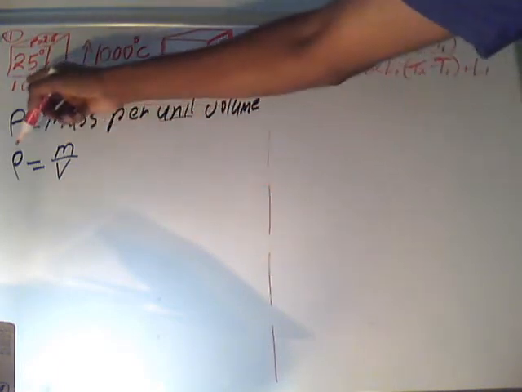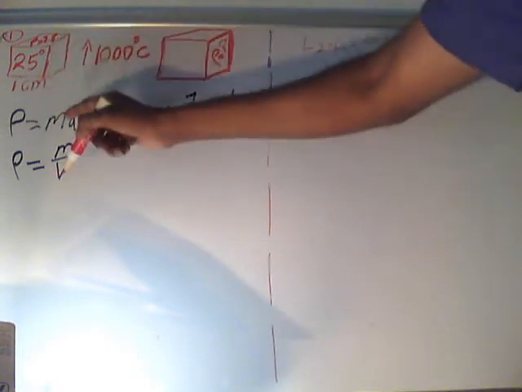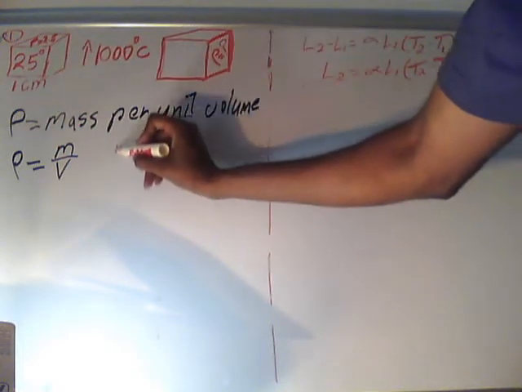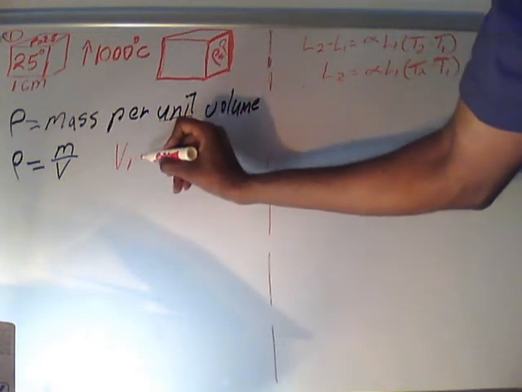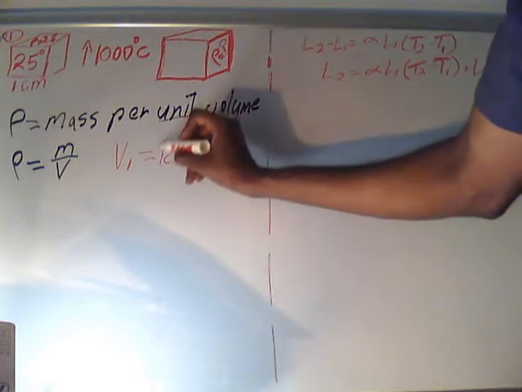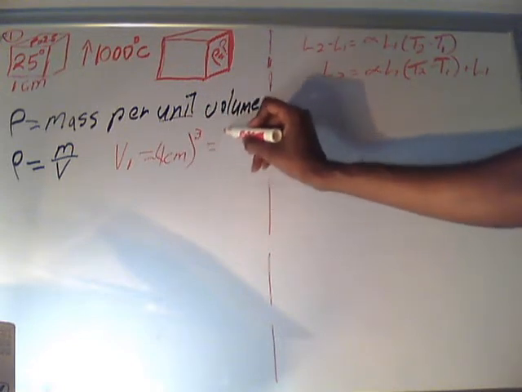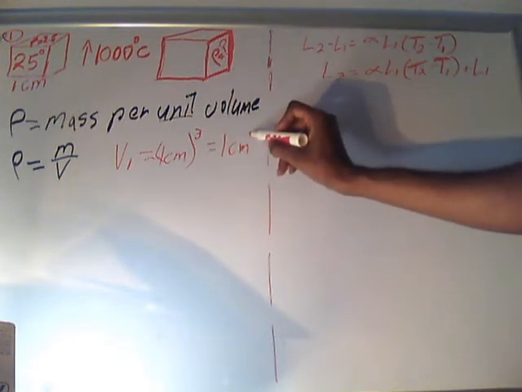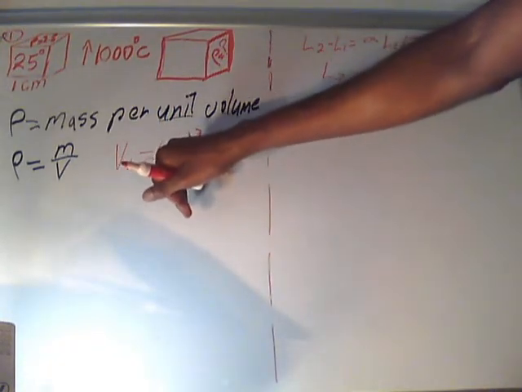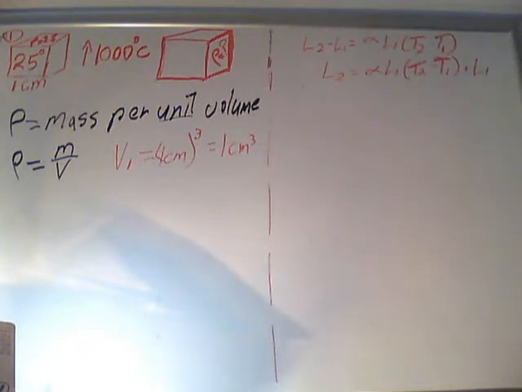So if the width is 1 centimeter, then the depth and the height are going to be 1. And so this volume at 25 degrees, V1, is going to be 1 centimeter cubed, because cubed is width times depth times height.